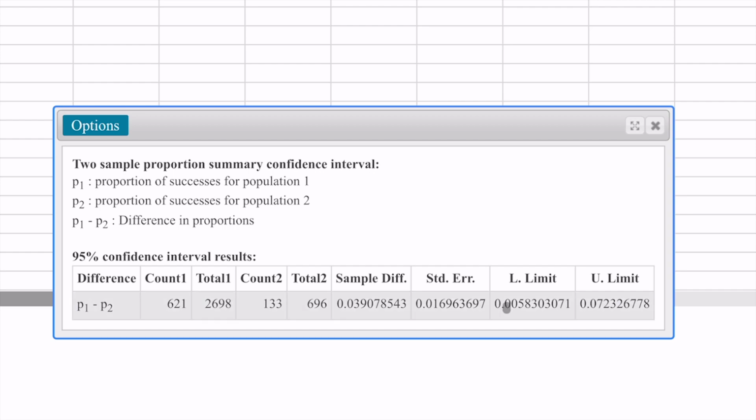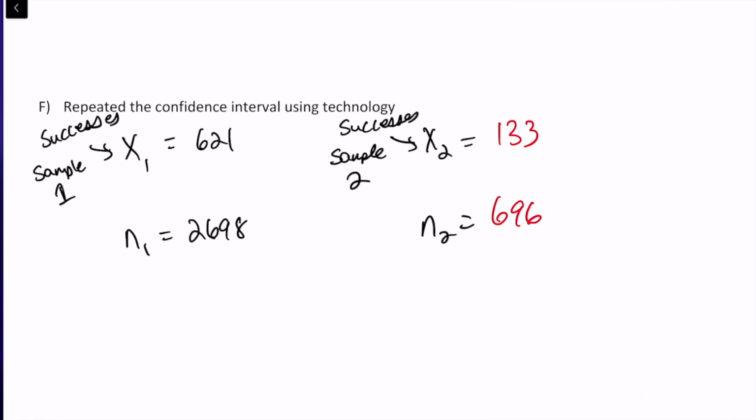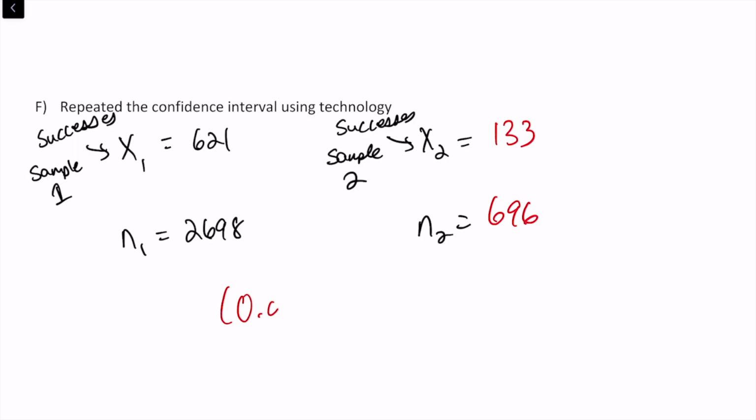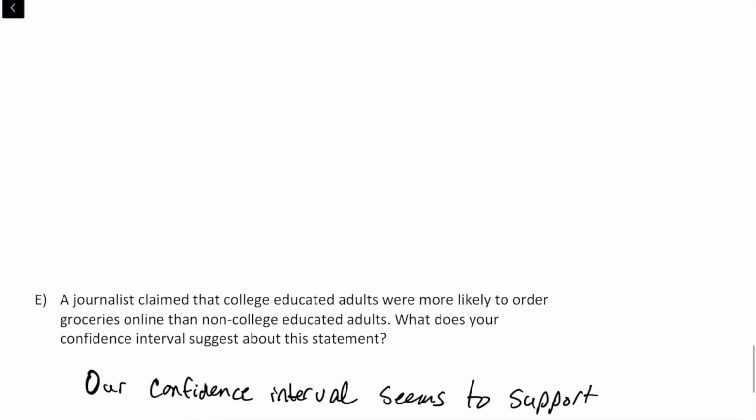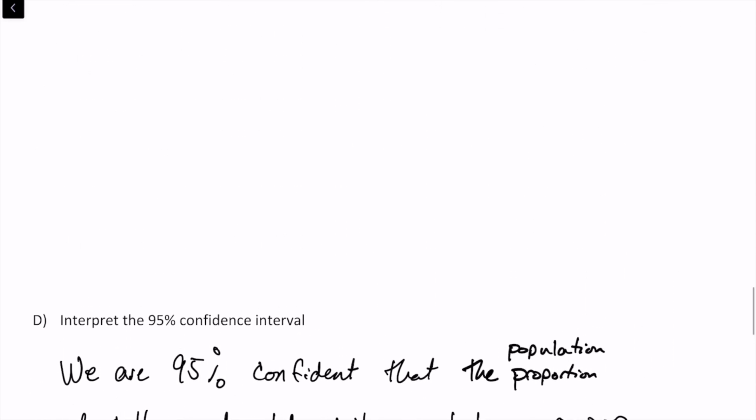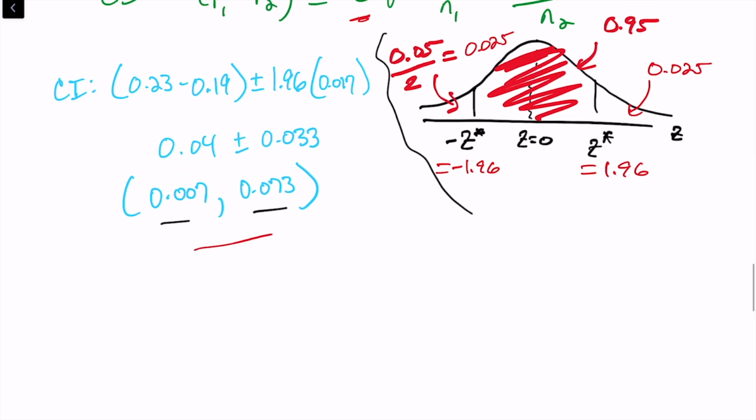But yeah, look at that. To 3 decimal places, we have 0.006 up to 0.072. And if we compare that to what we did by hand, very, very close. Once again, we're off a little bit by rounding, okay?